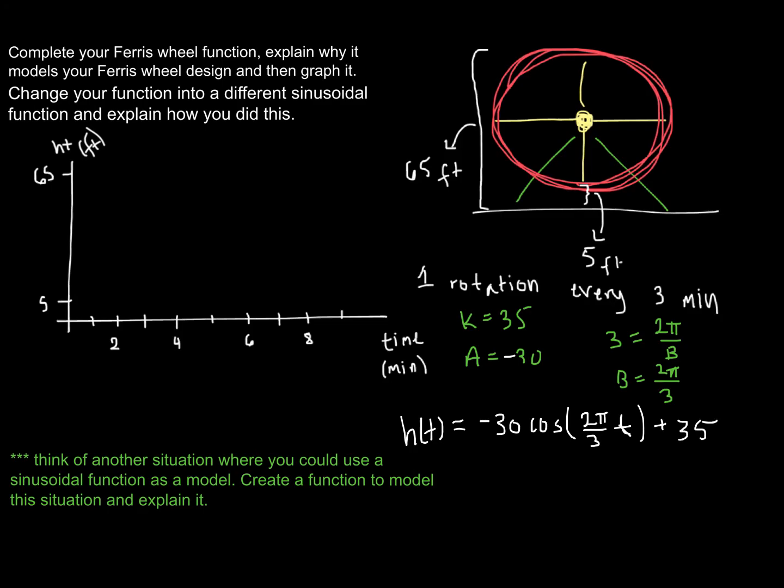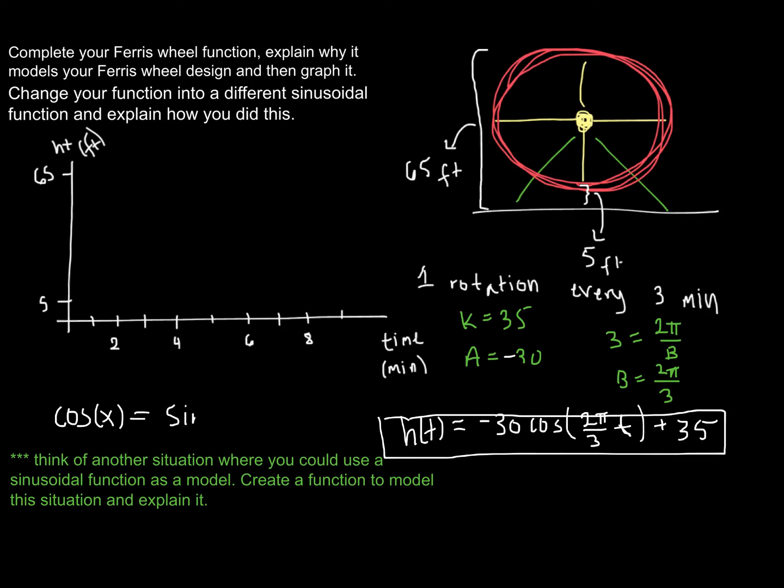And then you can think about how you might change that into a sine function if you wanted to, using the fact that we know that cosine of x is the same as taking a sine function and phase shifting it to the left pi over 2 units. So the thing that you just have to remember here is that the argument of your cosine function is this whole piece here.